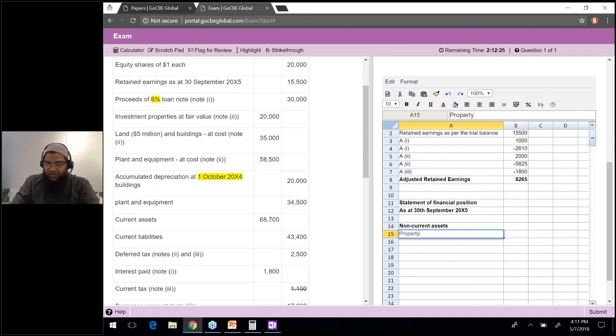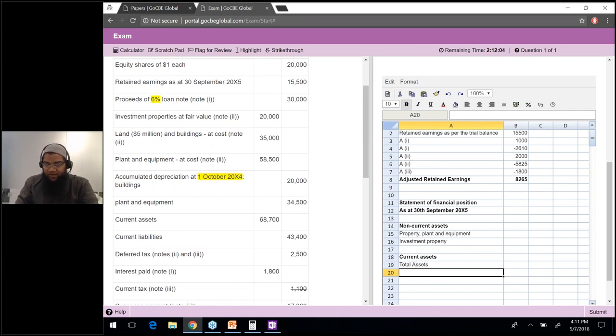In non-current assets, we have property, plant, and equipment. We have investment property. That's it. Any other non-current asset we have? No. Then we have current assets, and then we have total assets.